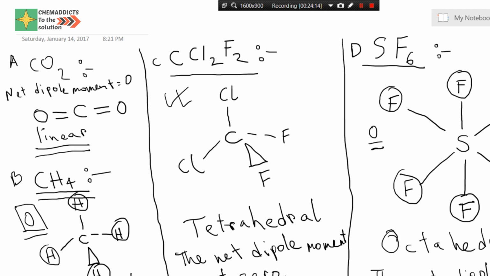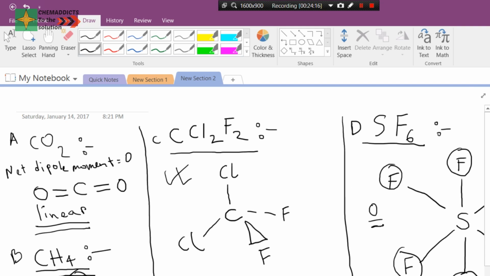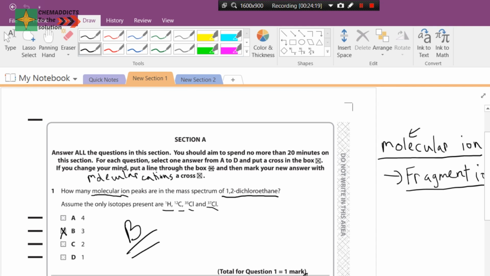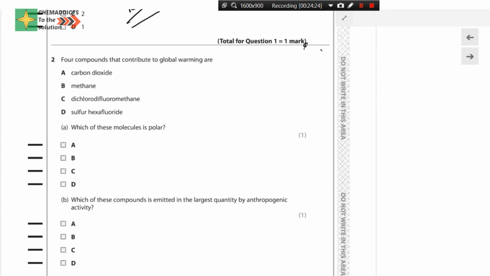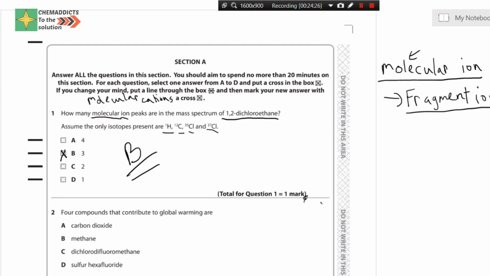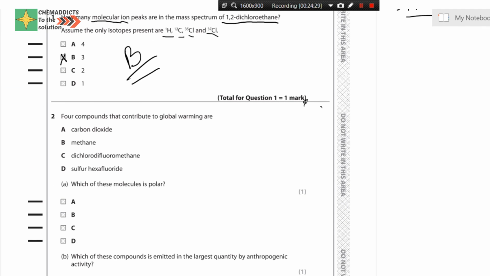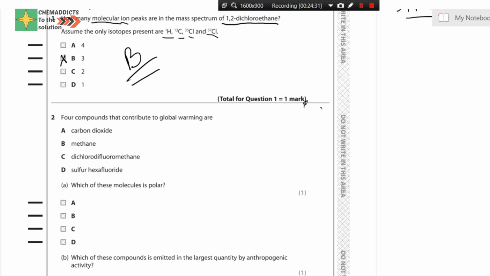Now let's pick the correct answer. The answer should be C, dichlorodifluoromethane. This one is the answer.